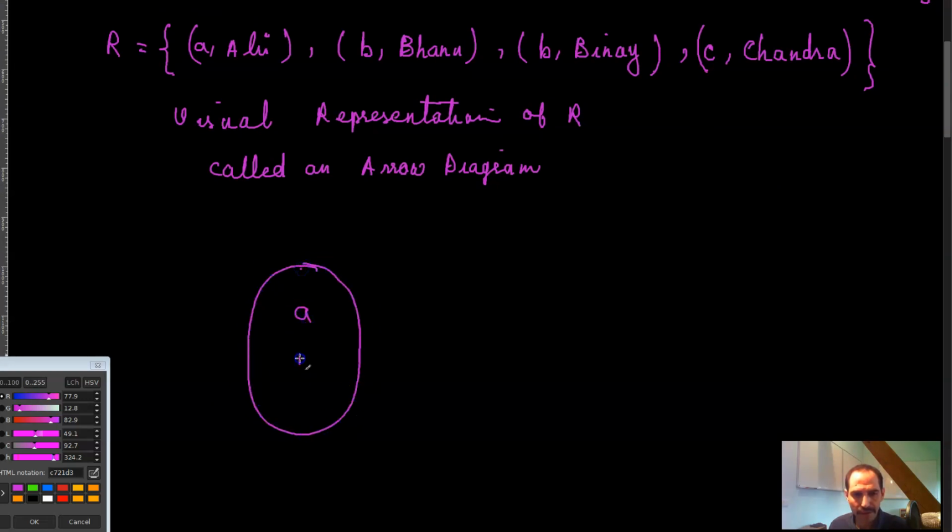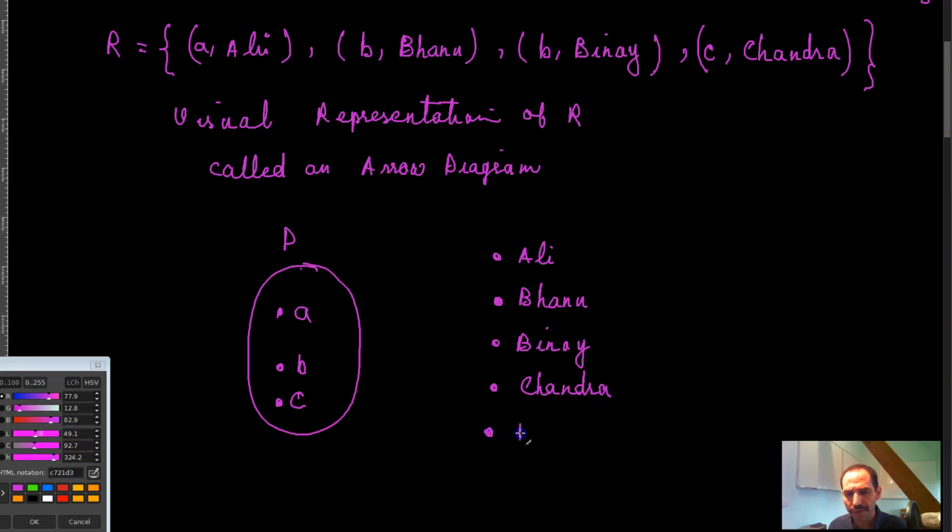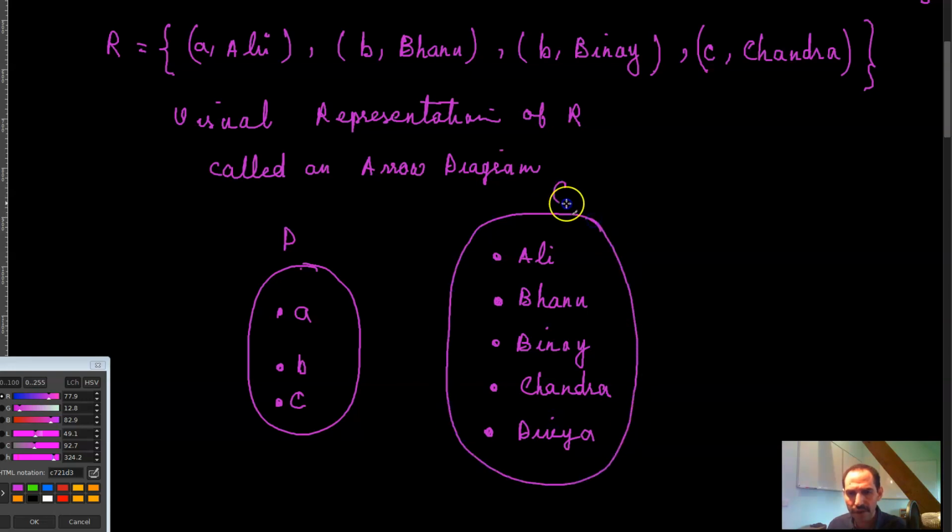Suppose that I have A, B, and C, and this is the set P. This is the set P, and I have another set Q, which is basically all of these names: Ali, and I have Bahanu, and I have basically Binoy, and I have Chandra, and also I have Divya. And then that would be the set Q.